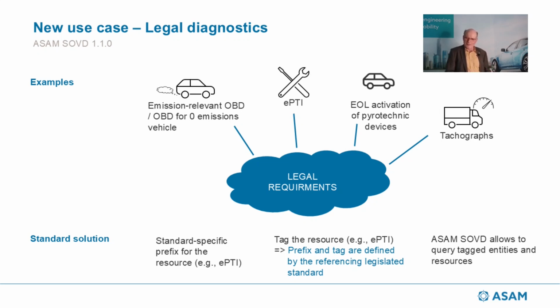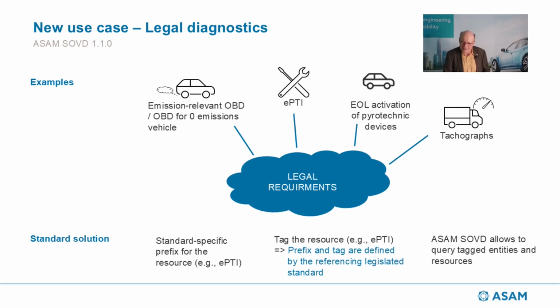Here we say a standard like the periodical technical inspection can introduce a prefix. We have used the prefix APTI, but it's not standardized. The PTI group can use it, they can name it Anton if they want. And then they have to tag all the resources in the capability description with Anton.